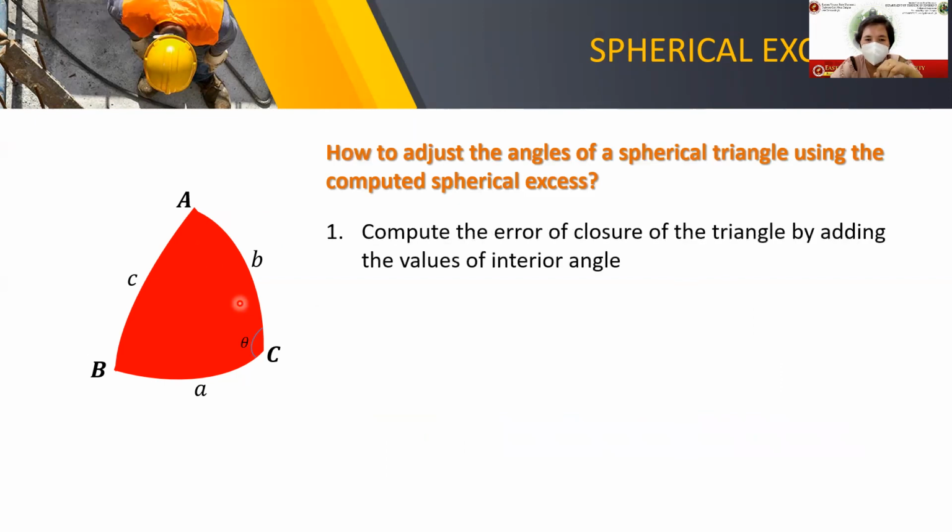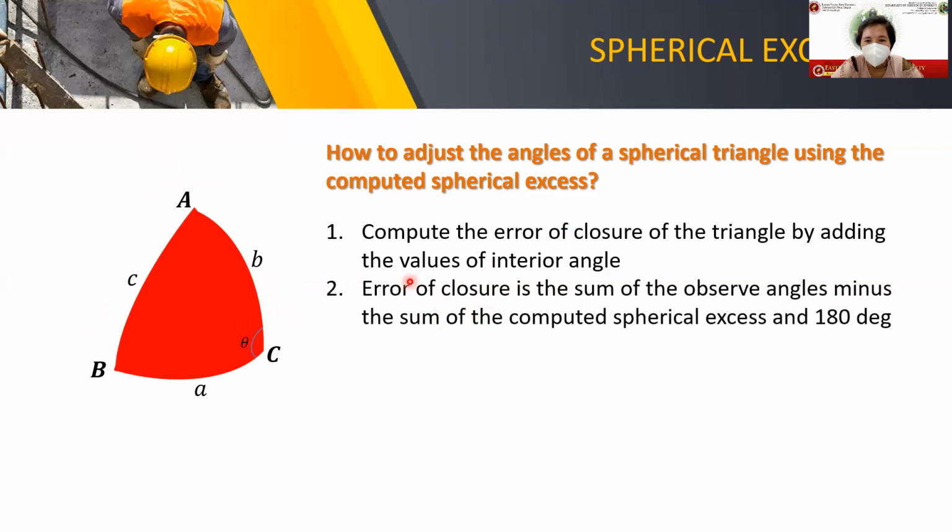We compute the error of closure of the triangle by adding the values of the interior angles. You first need to determine the error of closure, by simply adding the interior angles, for example A, B, and C. You just add these three angles here, and now you can compute the error of closure if it's more than 180 degrees.